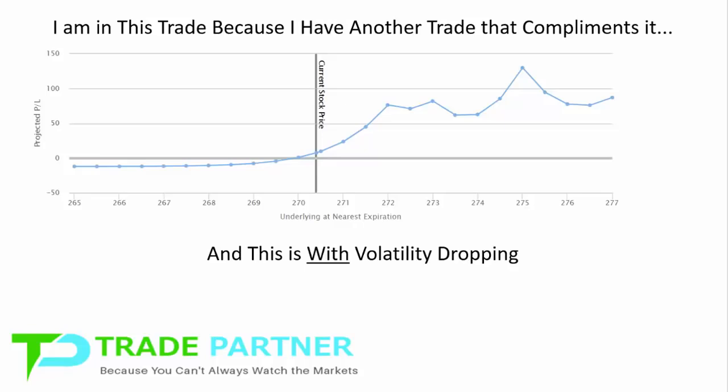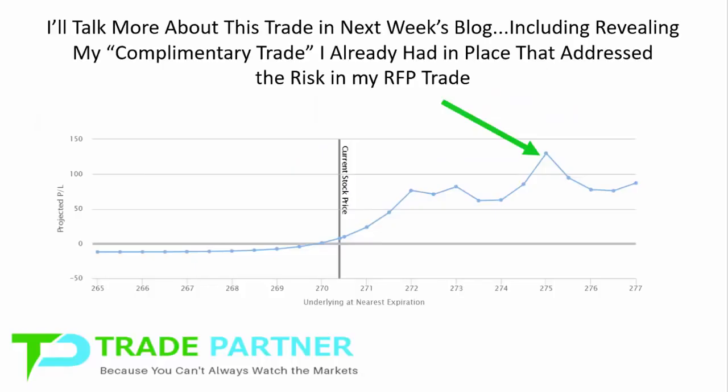And you can see there's a profit spike at the 275 area, and that's with volatility dropping. So this is accounting for volatility dropping, right? So I will talk more about this trade in next week's blog when it is done, and I'll talk about a couple of other things in next week's blog that you won't want to miss. But I will completely reveal what my complementary trade actually is.